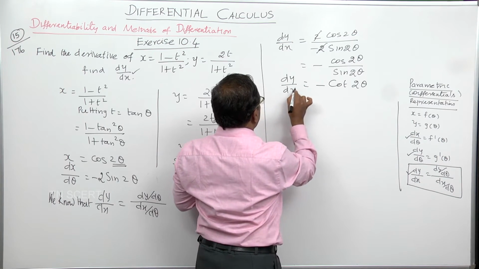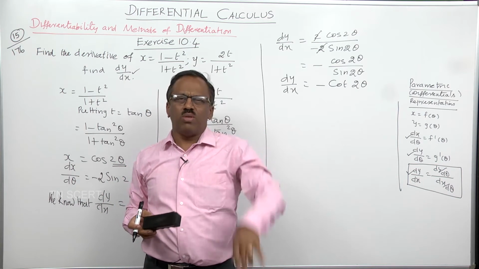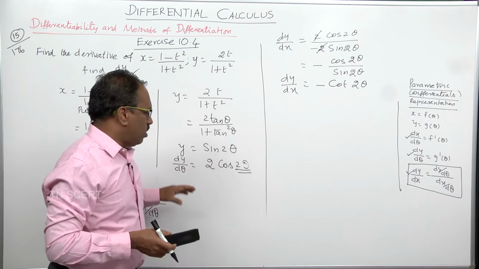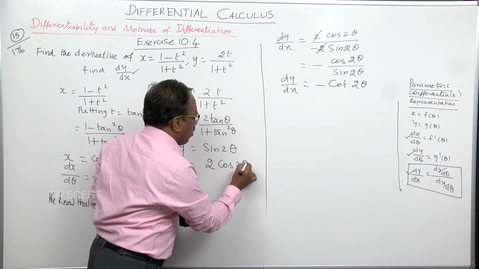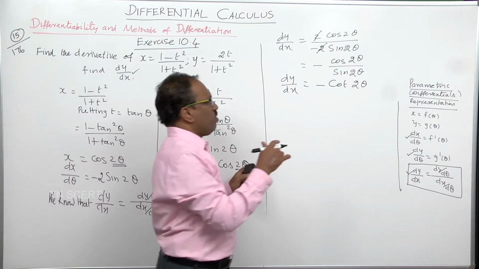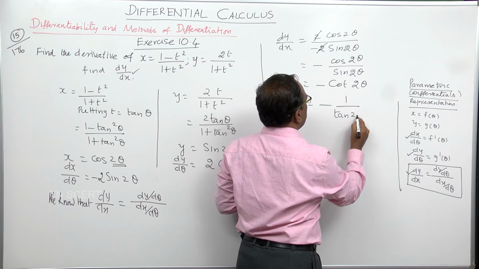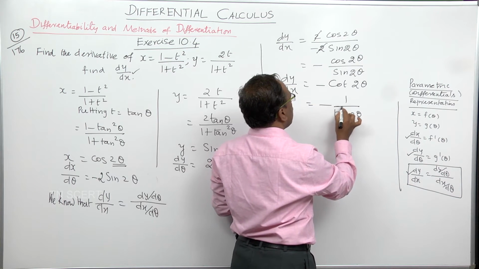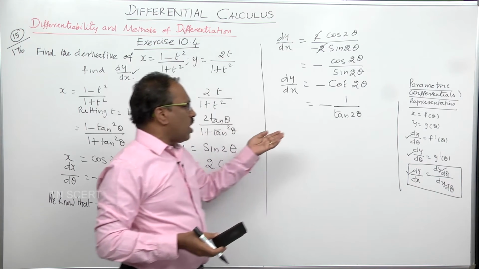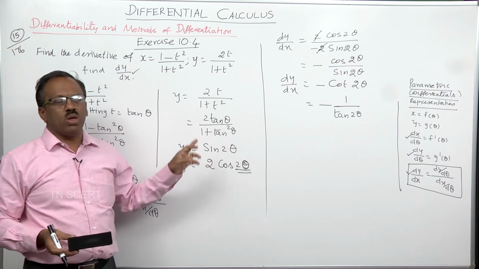But the question is given in terms of t, and what we have is in terms of theta, so we must have it in terms of t. Do not give the value in terms of theta, because for convenience we just changed the value and found it, but we have to change it back, negative 1 by tan 2 theta, remember that. So cot is reciprocal of tan, obviously it is negative 1 by tan 2 theta. You know sin 2 theta is 2 tan theta by 1 plus tan square theta.